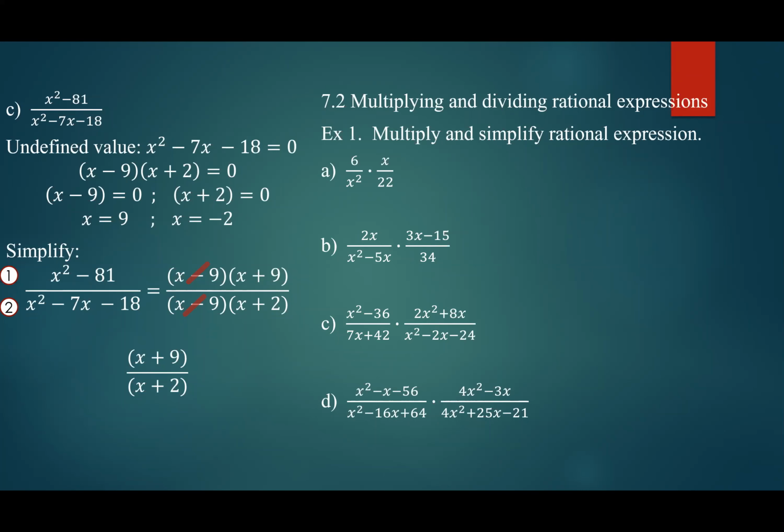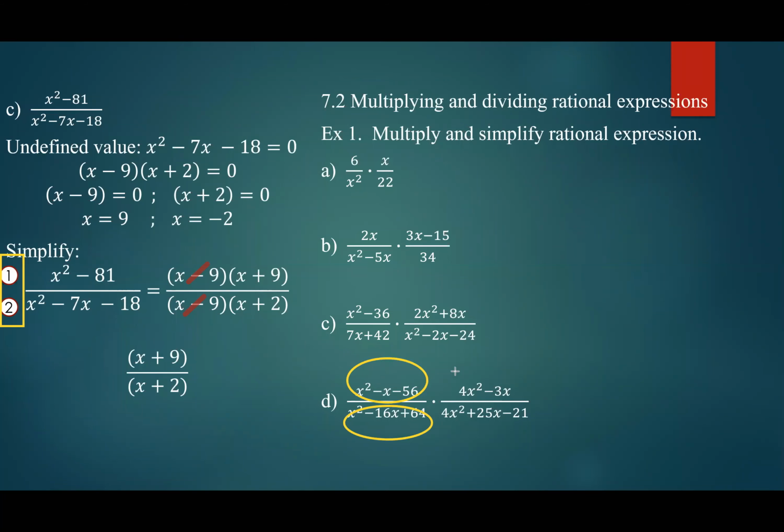Okay. And like I mentioned earlier, instead of two problems like in 7.1, the numerator over the denominator, now we have four problems. We have one problem here, one here, one here, and one here.